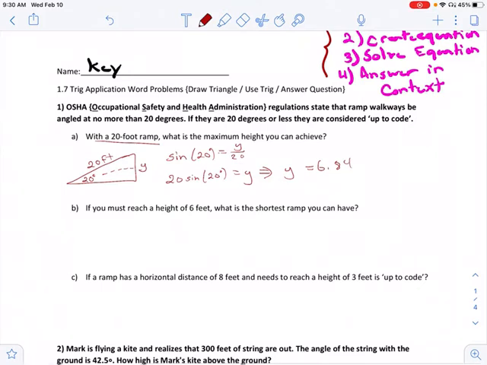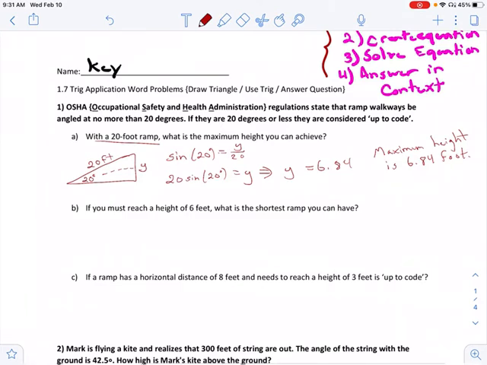We can go with shorthand and transition back to our answers. So I'm just going to say maximum height is 6.84 feet. If I had a ramp that was 20 feet long, according to OSHA regulations, the highest that I could get to with that ramp is 6.84 feet.